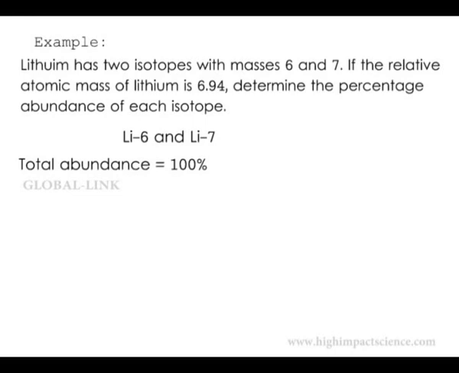Assuming the percentage abundance of lithium-6 is X%, then the percentage abundance of lithium-7 will be 100 minus X%. And then we proceed as we did with chlorine and equate that to 6.94, the relative atomic mass or the weighted average.